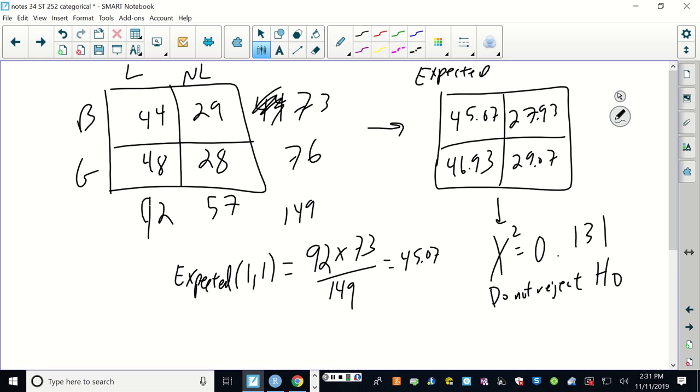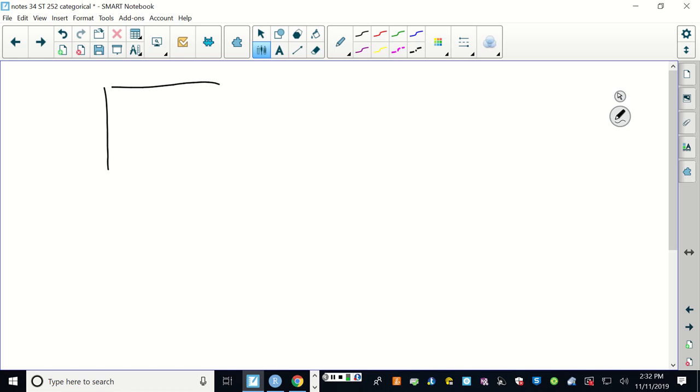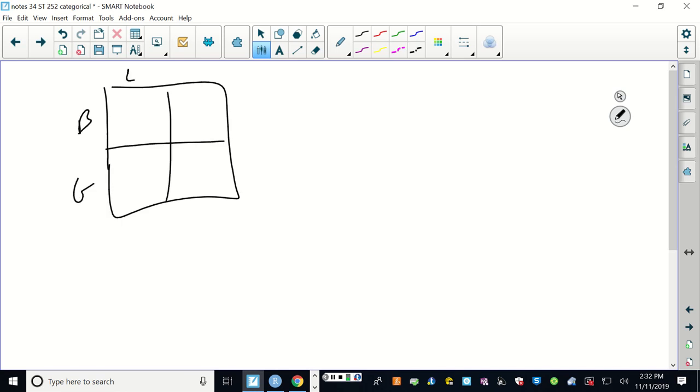What if, however, the table didn't look like this, but instead we had a table that, boys and girls, like, not like, was 34, 39 for our 73, and then 58, 18, 76, our 149.